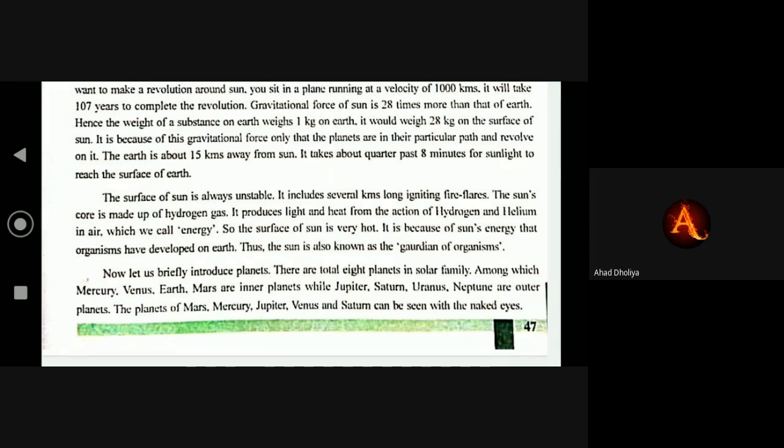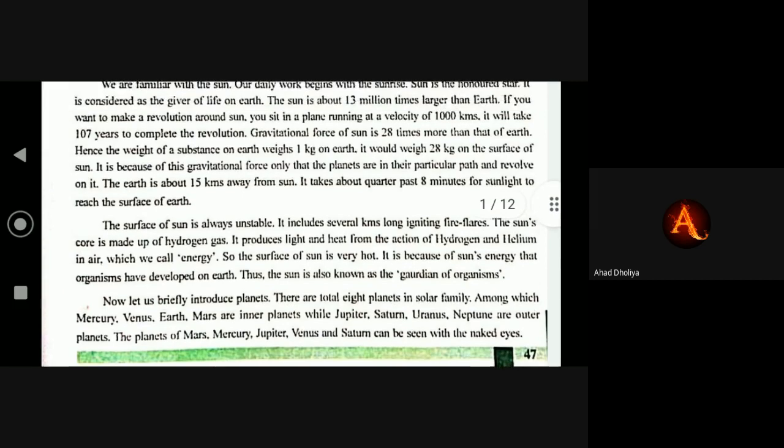It is because of the sun's energy that organisms have developed on Earth. Thus, the sun is also known as the guardian of organisms. Guardian of organisms.